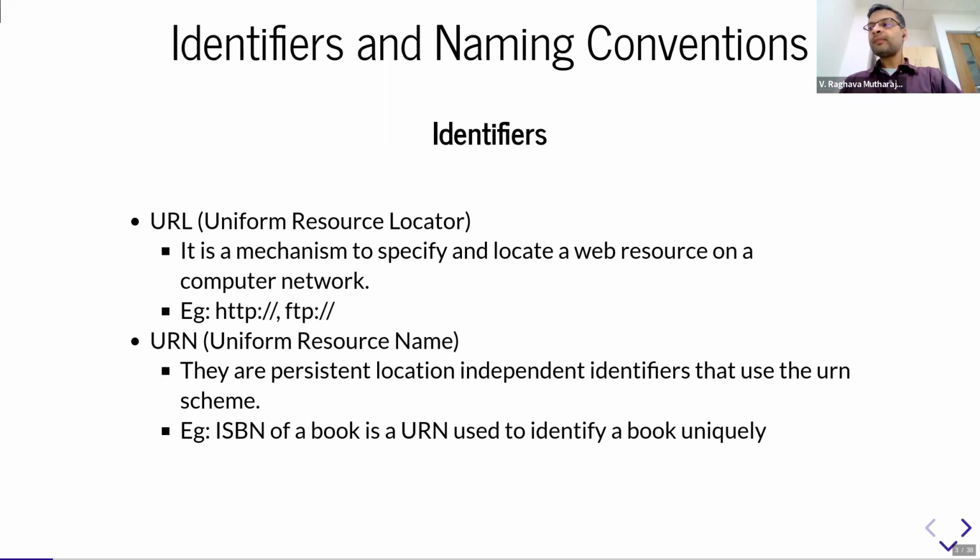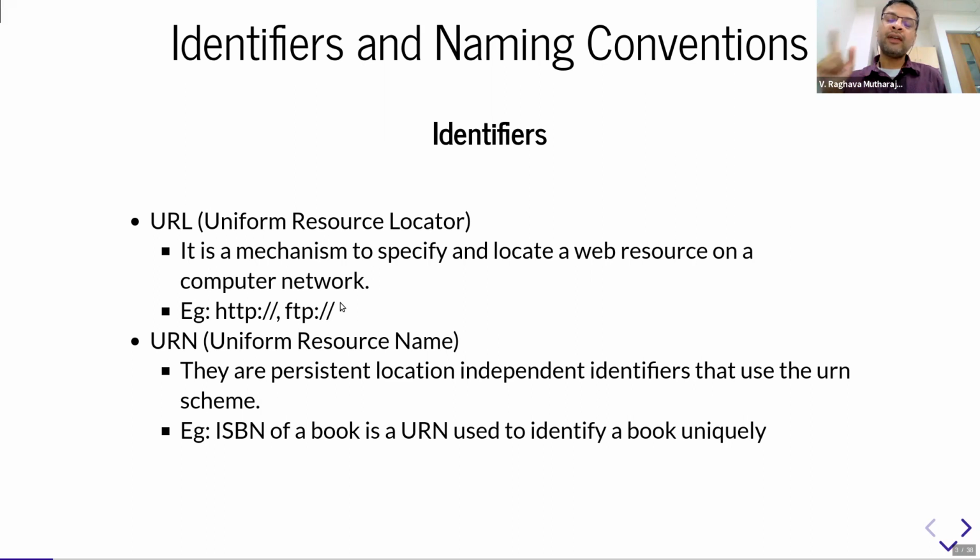Okay, so let's go ahead. Maybe we'll discuss a few more of these OWL related syntax and semantics, and then we can come back to more of it. Okay, so I'm assuming all of you are familiar with URL, which stands for Uniform Resource Locator.